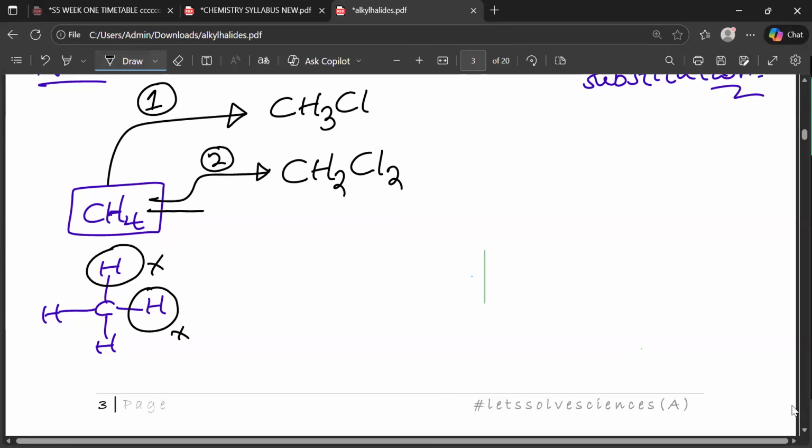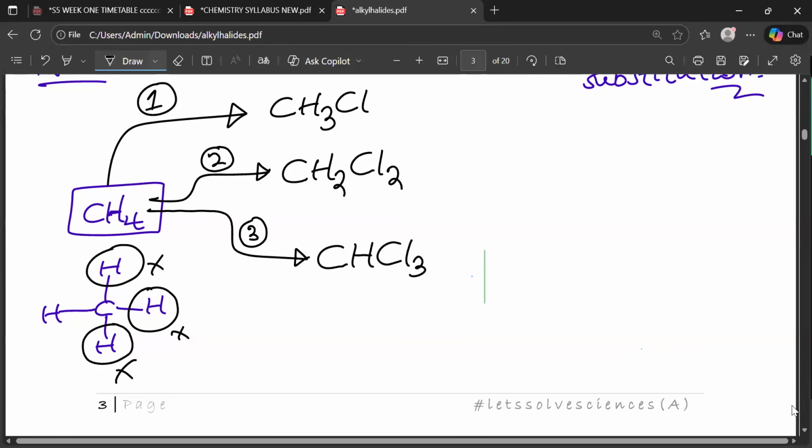What if 3 of them? What if? That means we are also getting the third. We are saying, what if we go beyond monosubstitution? So now the third is also going. That means we have been left with 1 carbon, 1 hydrogen, and 3 Cls. Like that, because 3 things have been replaced.